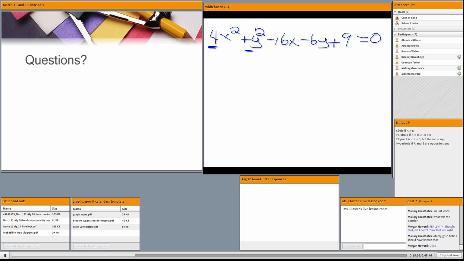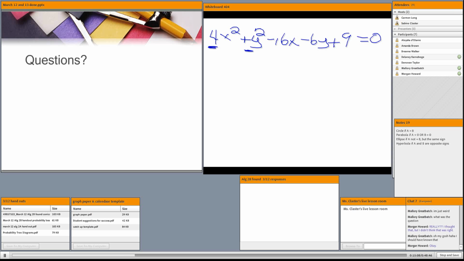I took that out. Okay, so now we're ready to complete the square. Now you have to remember in conic sections, we have lots of times that we complete the square. So we're going to take the middle term and we're going to half it.